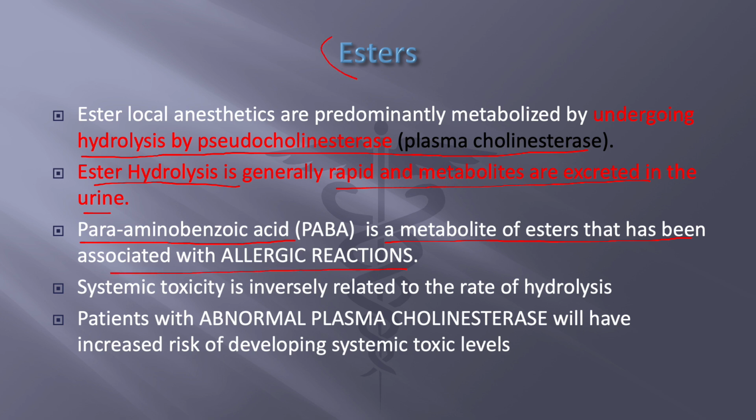So when we have patients that have a true allergy to esters, it's most likely due to this metabolite. Systemic toxicity is inversely related to the rate of hydrolysis. That makes sense, because if we have slower metabolism, we have an increased risk of toxicity. Patients with abnormal plasma cholinesterase will have an increased risk of developing systemic toxic levels.